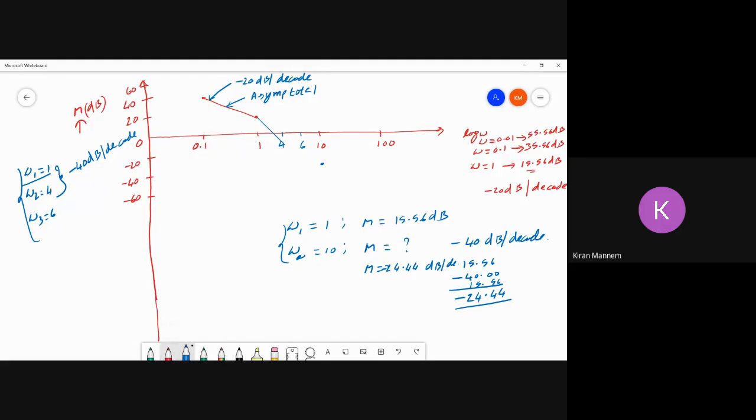So I'm putting the value here, till the next corner frequency. Now, what's the line here? This would be minus 40 dB per decade slope, and this would be the asymptote 2. Right? Now, let us move on to the next calculation.